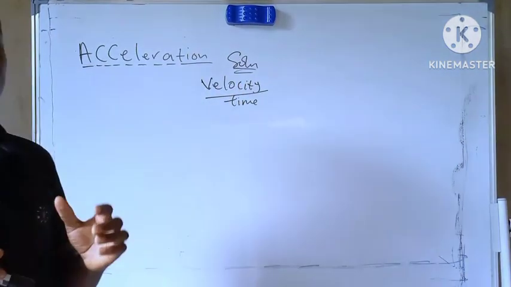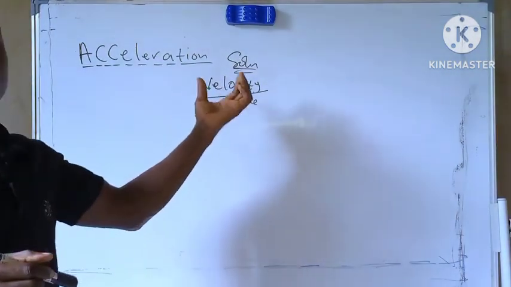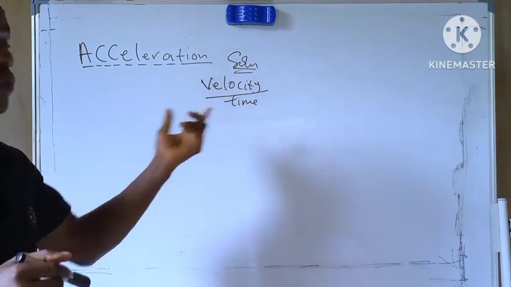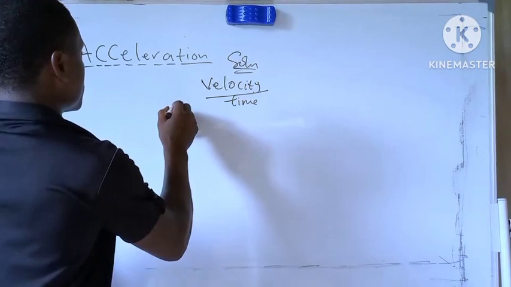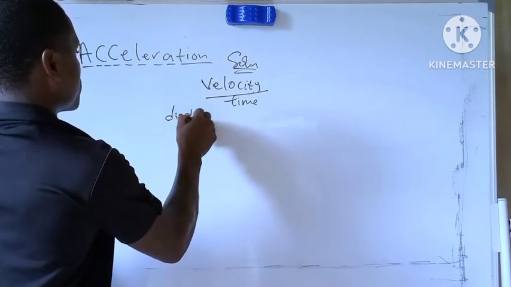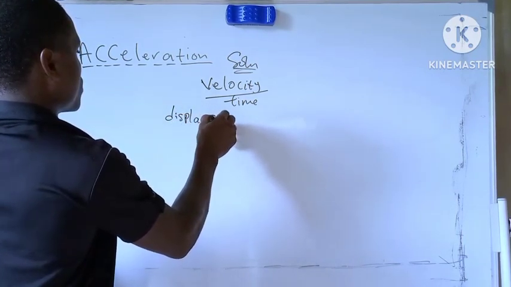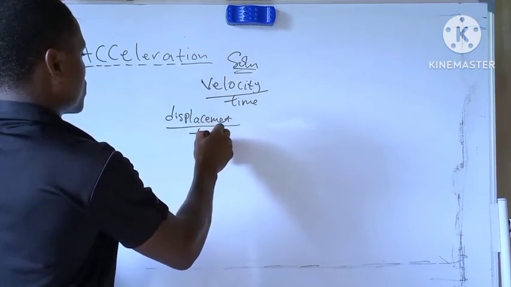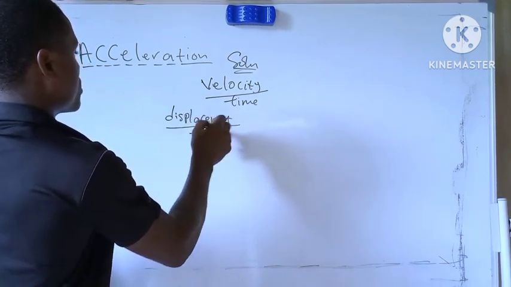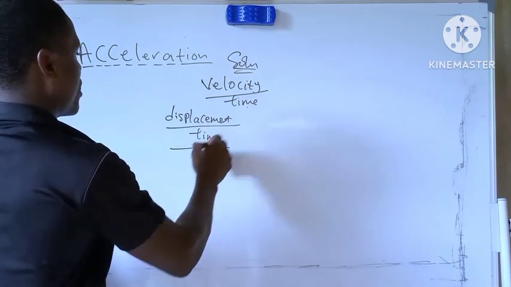So the next step is to know the formula of velocity. And the formula of velocity is displacement over time. This is the formula of velocity, right? All over this time here.